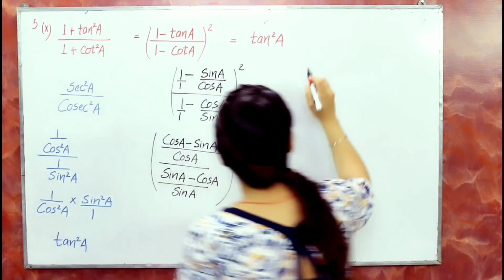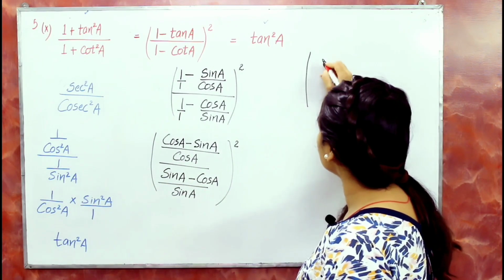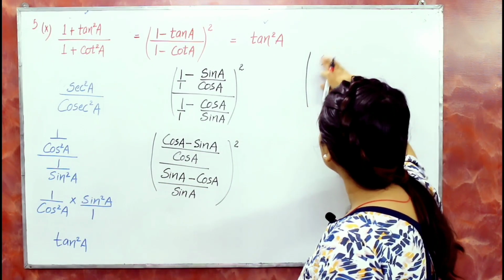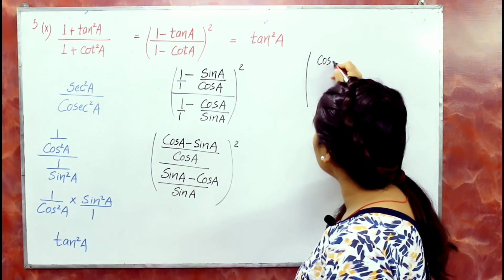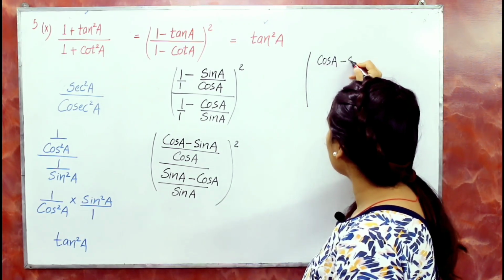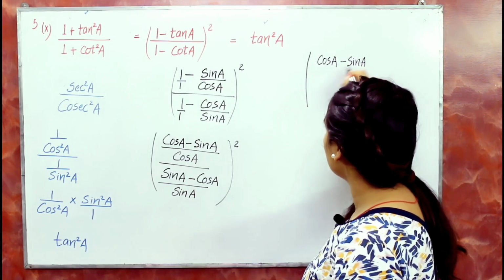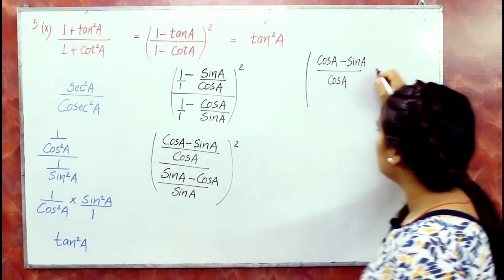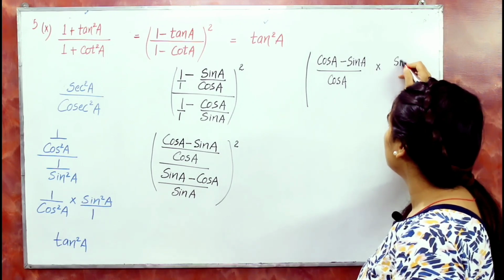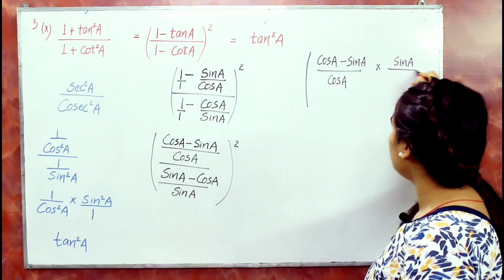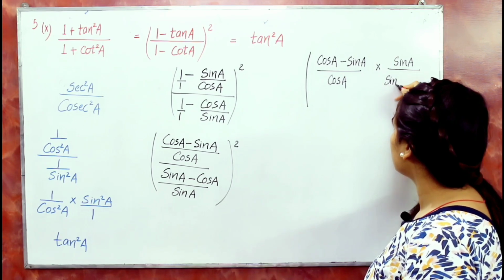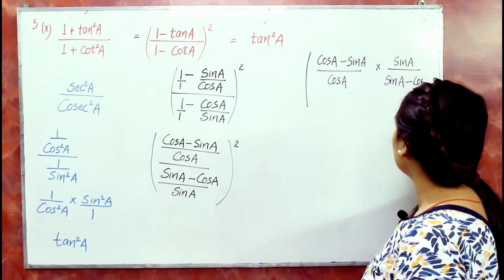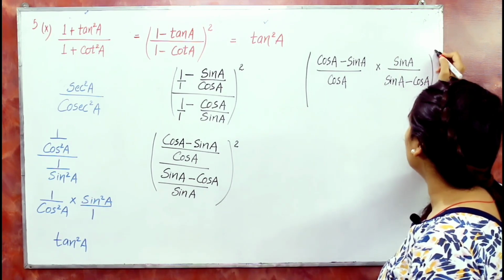Now we will take reciprocal. So this is cos A minus sin A upon cos A multiply by sin A upon sin A minus cos A whole square.